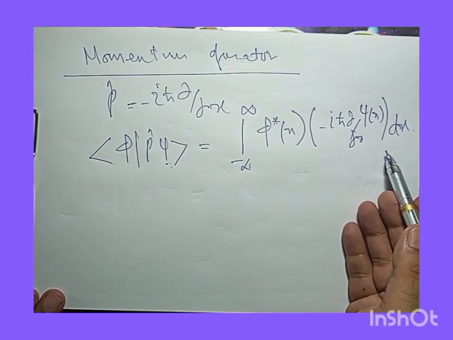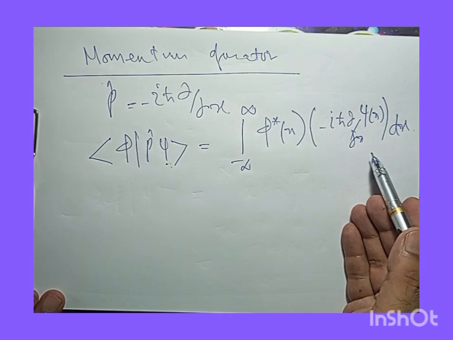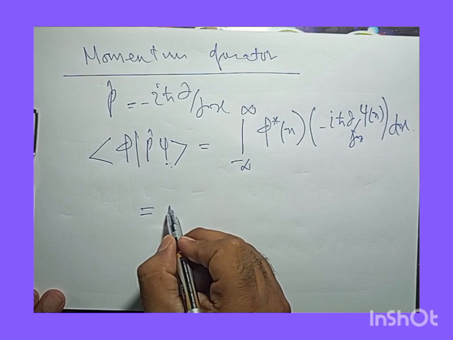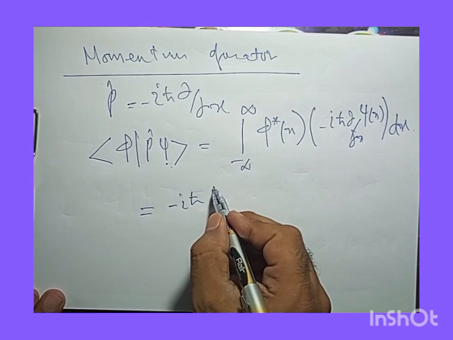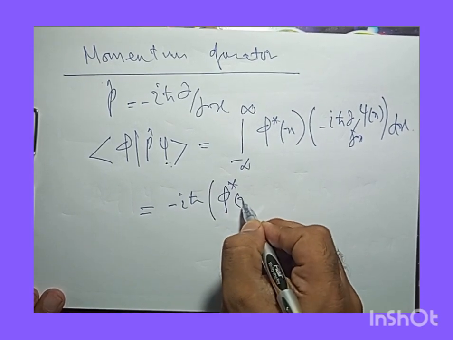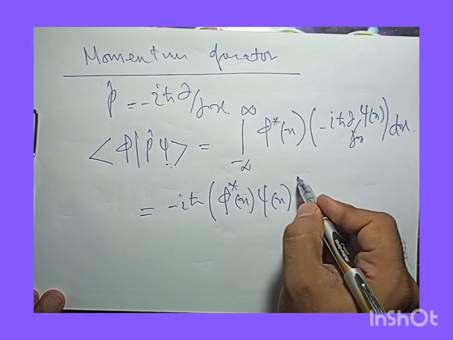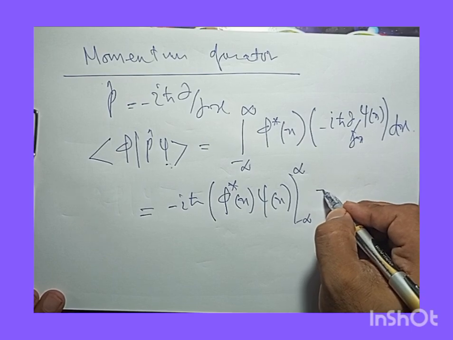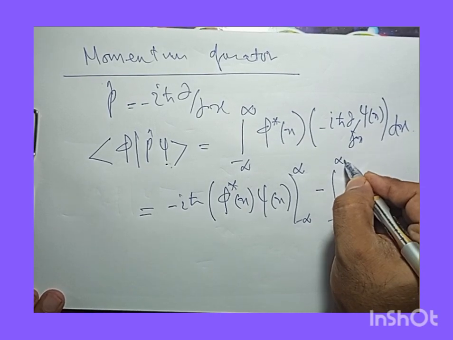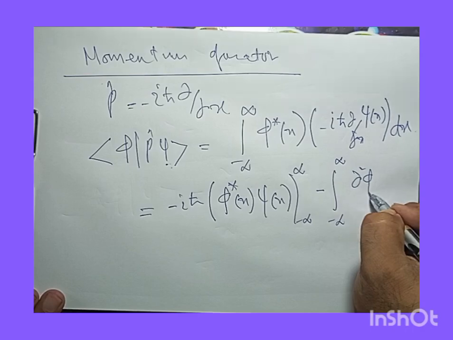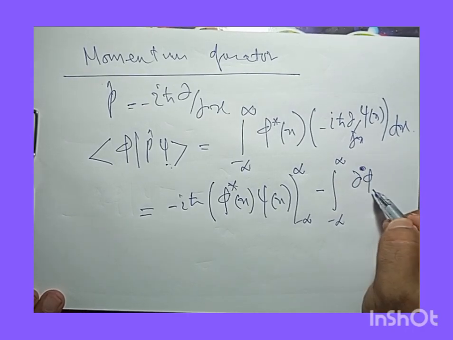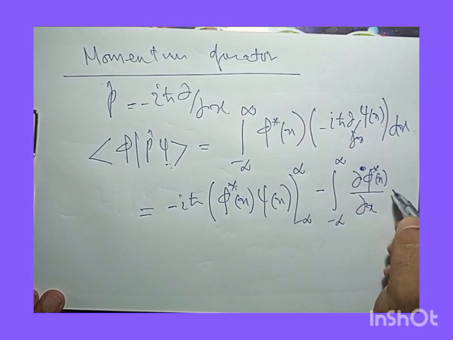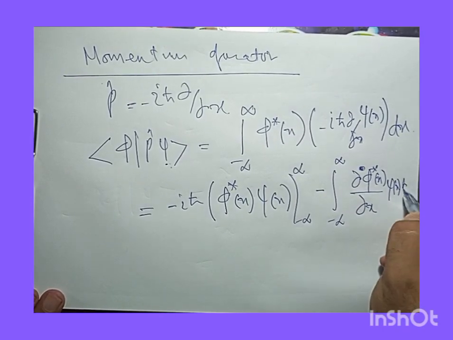And we can integrate by parts. If we integrate by parts, what we get is minus i h cross times phi star of x, psi of x, evaluated from minus infinity to infinity, then minus the integral from minus infinity to infinity of dou phi star of x by dou x, psi of x dx.